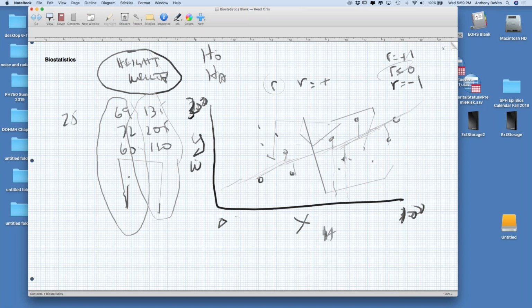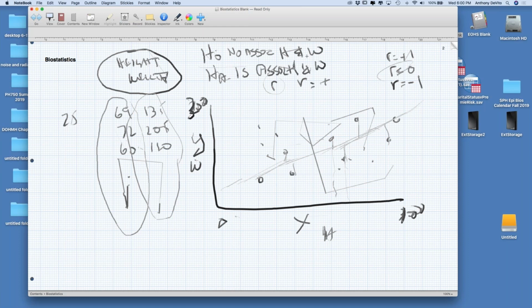Right? So let's take advantage of that. And we can phrase a null hypothesis verbally, saying that there is no association or no relationship between height and weight. Or an alternative hypothesis is there is an association between height and weight, right?